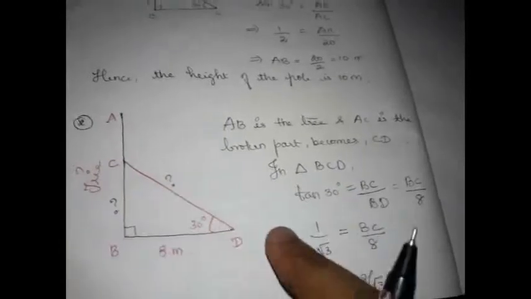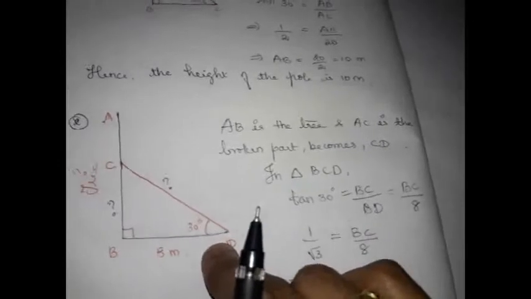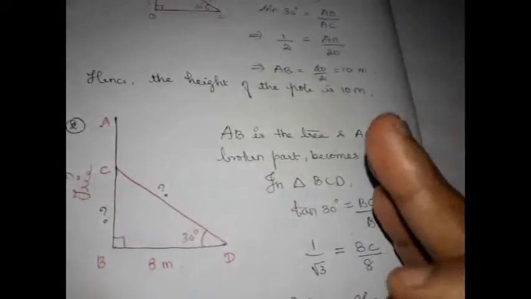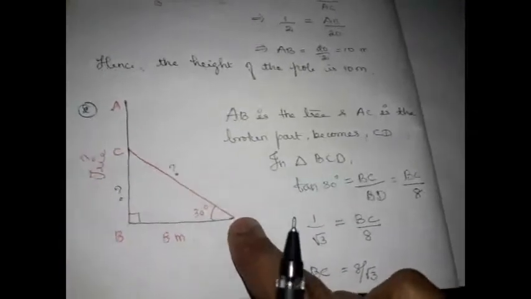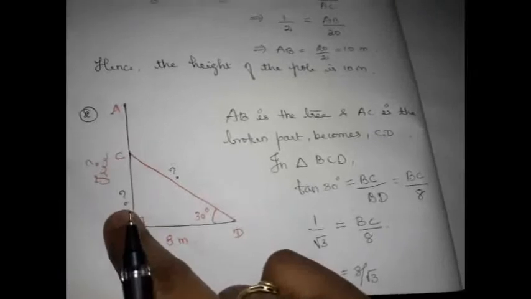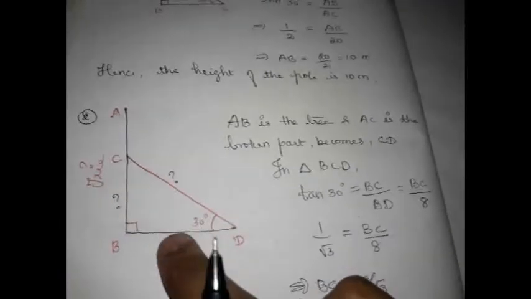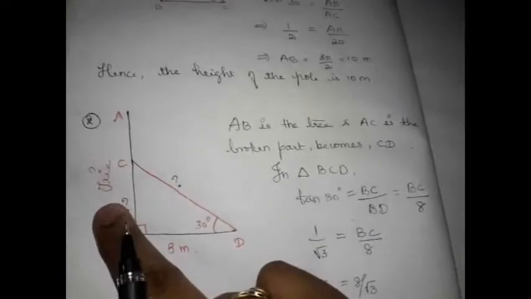Now we need to find CD as well, then only we can add these two. So we don't want to simplify this, let us have it as such. If suppose we get CD also with the denominator as root 3, it will be easy for us to add. Okay. Now how can you find your CD? CD is the hypotenuse. Now we know what is our BC. Now we know the side adjacent to the angle as well as the side opposite to the angle.